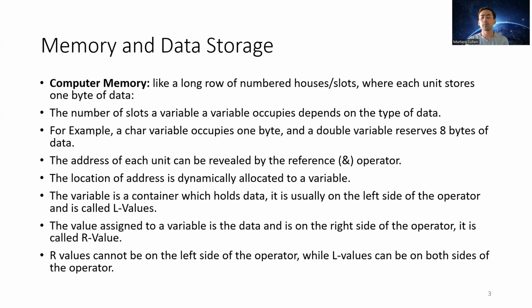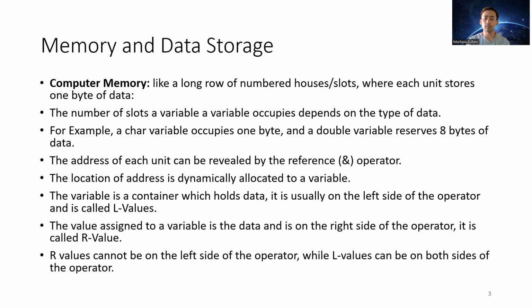Computer memory can be imagined as a long row of numbered house slots where each unit stores 1 byte of data. Each unit has a unique address, and the number of slots a variable occupies depends on the type of data.